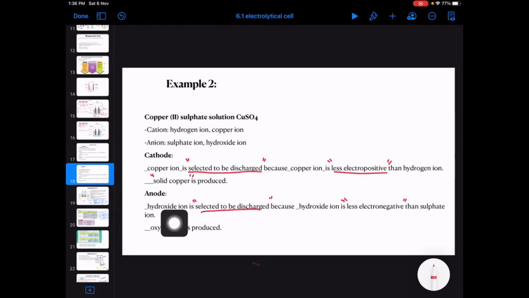So you cannot say that hydroxide ion is less electropositive, it doesn't make sense. Hydroxide is a negative ion, so you say that hydroxide ion is less electronegative. And then what is produced? Oxygen gas. So these three things are the most important: which one is selected to be discharged, why, and what is produced.